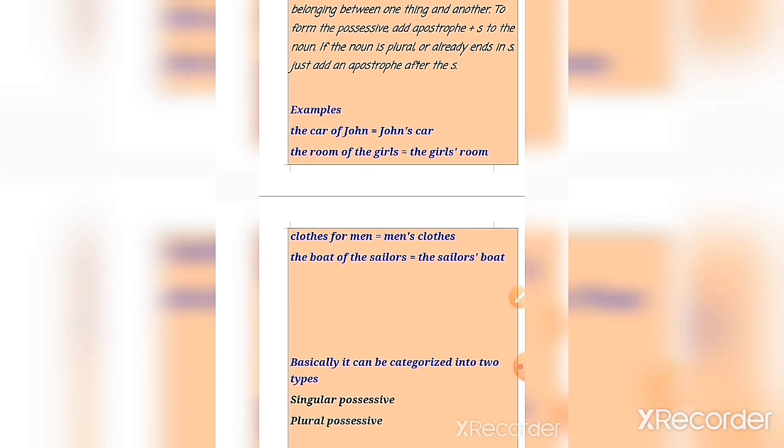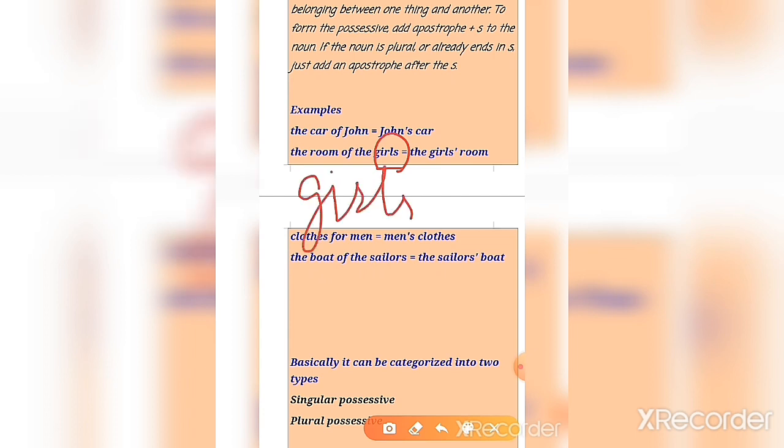See the second one, that is in the form of plural. The room of the girls. So the girls' room we will write in possessive form. See that the girls already ends with s. So here we will only put an apostrophe, not s.